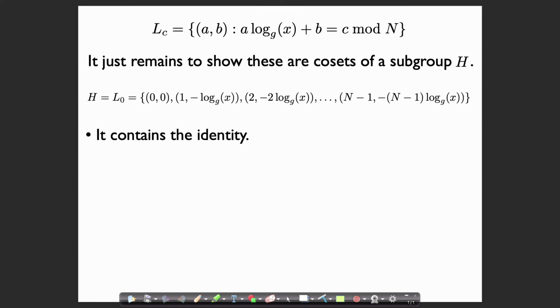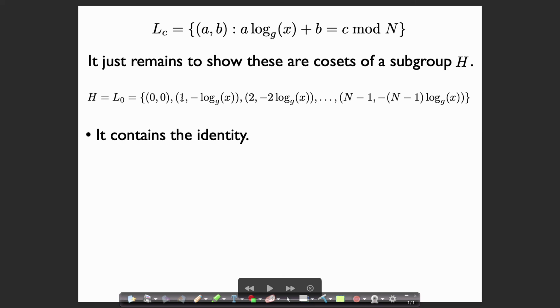Now let's see that these sets are actually cosets of a subgroup. The subgroup is just going to be L0. So what is L0? Well, it's the set of (a, b) where a times log base g of x plus b is equal to 0 modulo n. Clearly the element (0, 0) is in this set, which is the identity element of Zn times Zn.